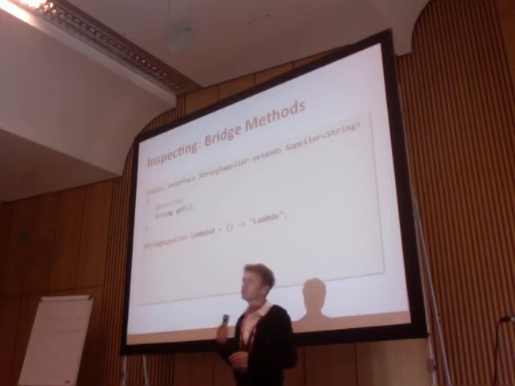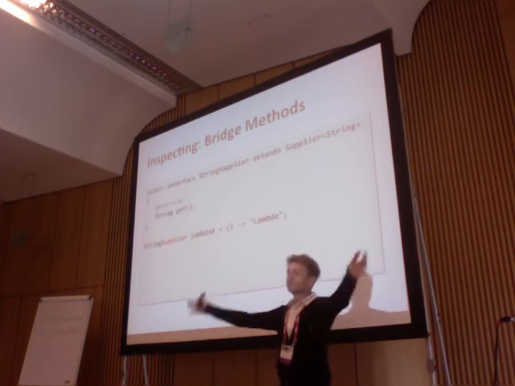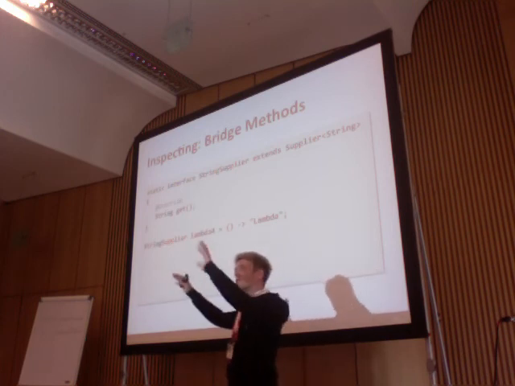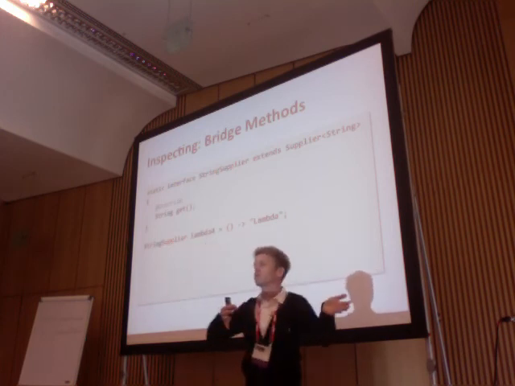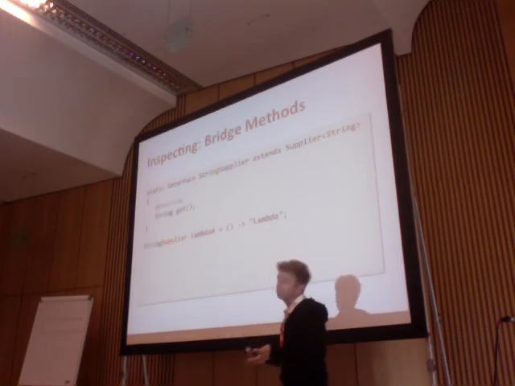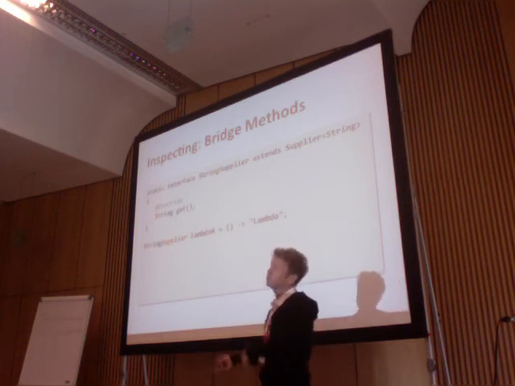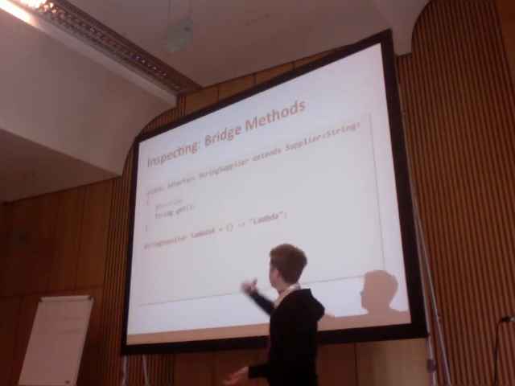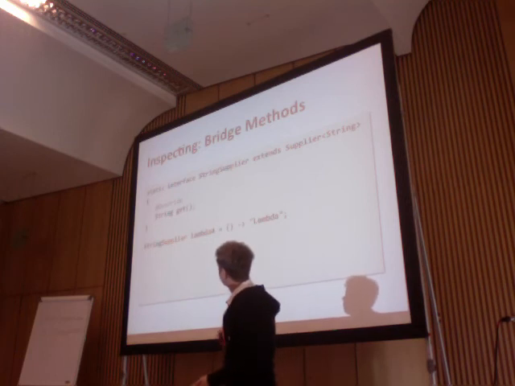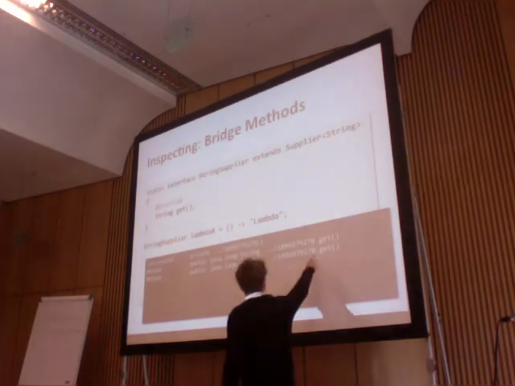Internally, the JVM cannot handle this at all. The JVM always uses a fully qualified signature, which is the arguments plus the type of the return value. So what internally actually happens is that we have two methods here. Like the get method which returns the object and the get method which returns the string. If we create this lambda as a StringSupplier, so the type is inferred from this local variable, we actually get two get methods.